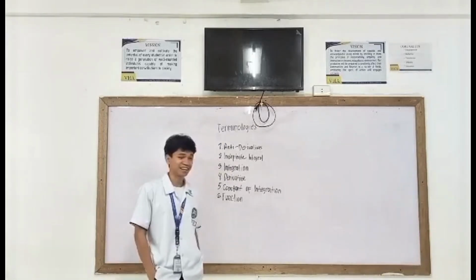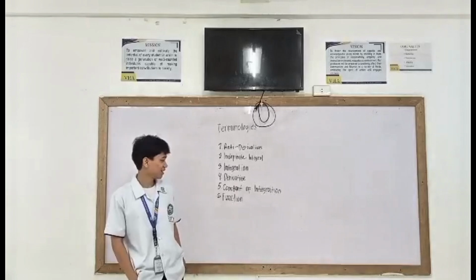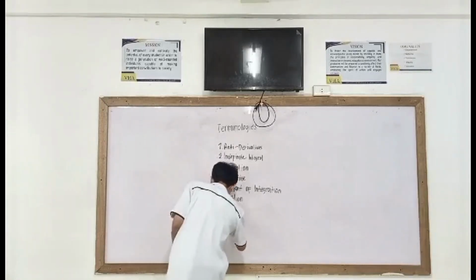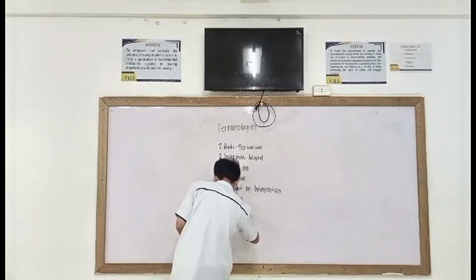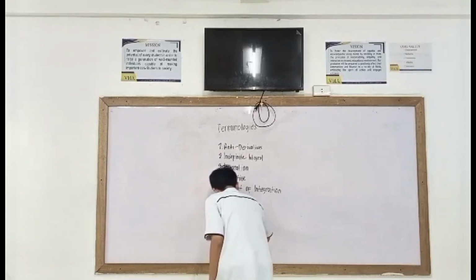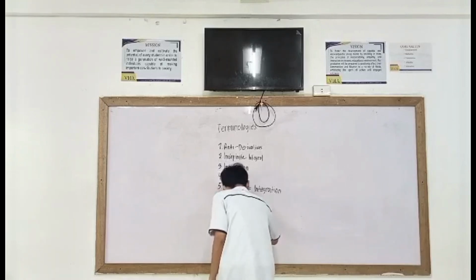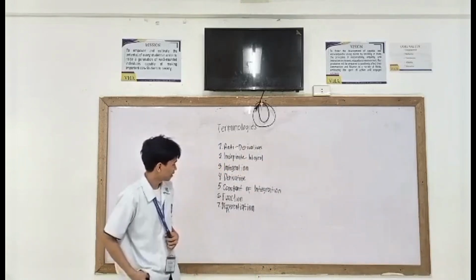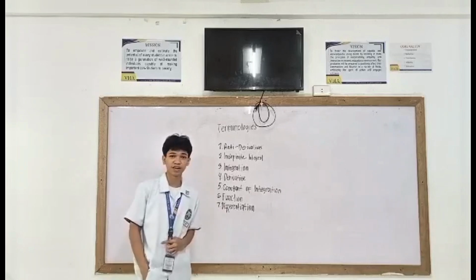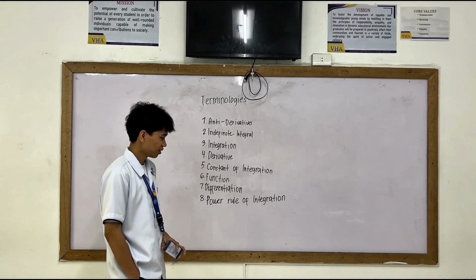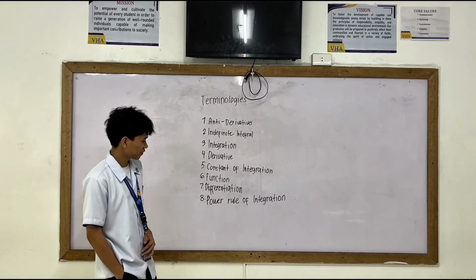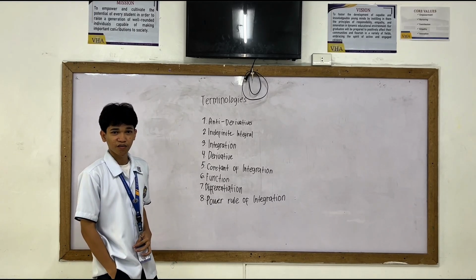The function is a relation that assigns exactly one output to each input. And the second one is differentiation. Differentiation is the process of finding the derivative. Lastly is the power rule of integration. This is a rule used to find antiderivatives of power functions.